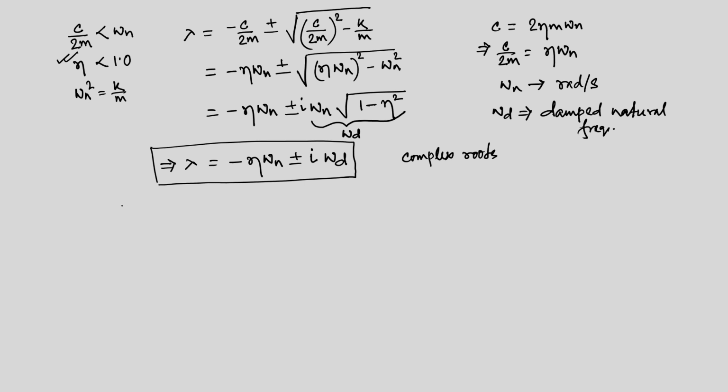What will be the solution if we have complex roots? x of t in this case will be e to the power minus eta omega n t, that is the first part, times c cos omega d t plus d sin omega d t.